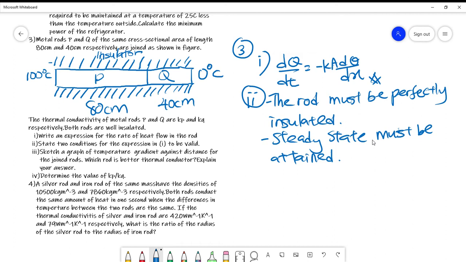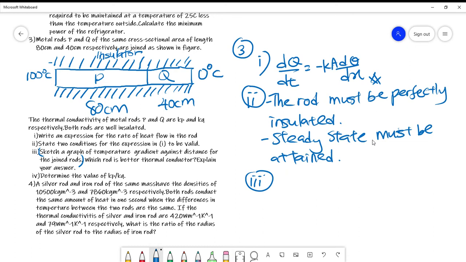Okay, so what will be the third part? Sketch a graph of the temperature gradient against the distance for the joined rods. Let us settle the first part first.